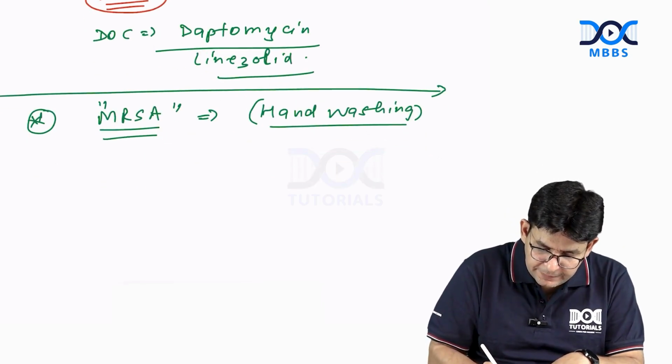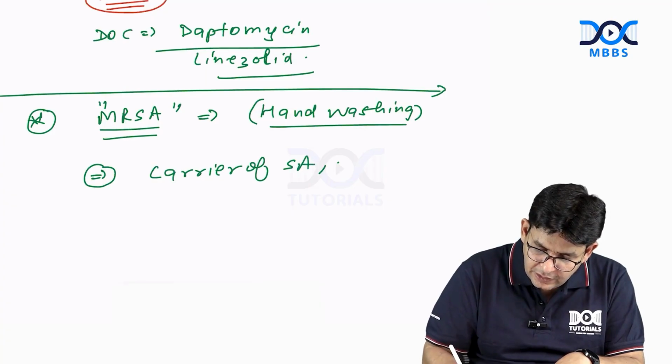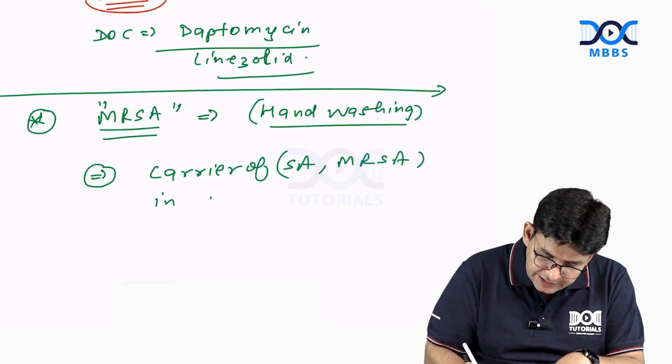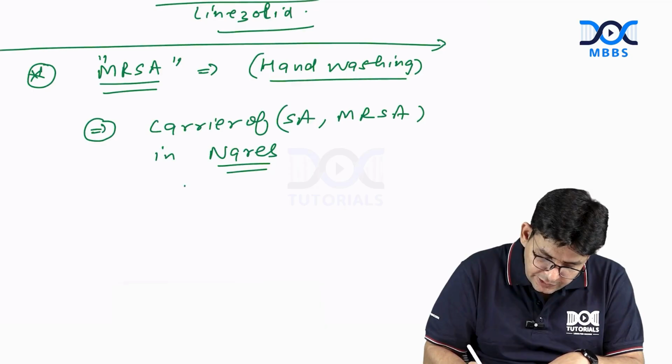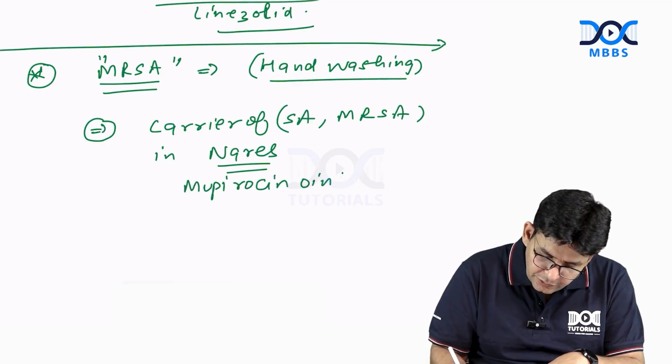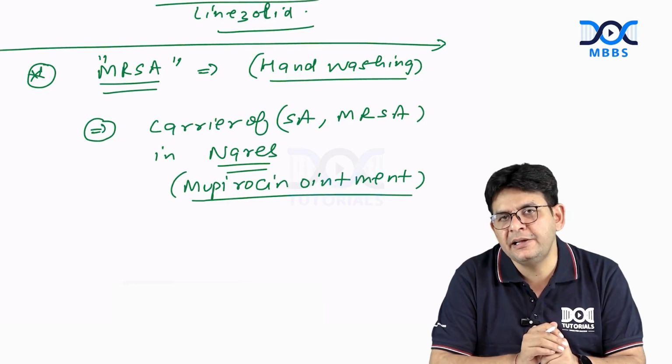And if somebody is found to be a carrier of Staph aureus or MRSA in the nares, you need to give the mupirocin ointment to that fellow to remove this carrier state.